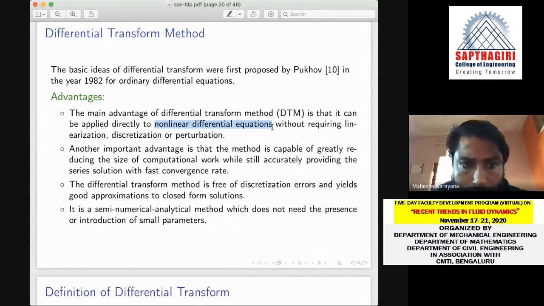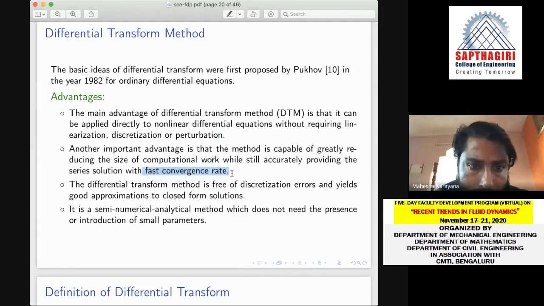That's the strength of the differential transform method. And it does not require any linearization or discretization or the presence of any small parameters. Another important advantage is that it reduces the computational work drastically, yet gives very accurate results. It also has a fast convergence rate.